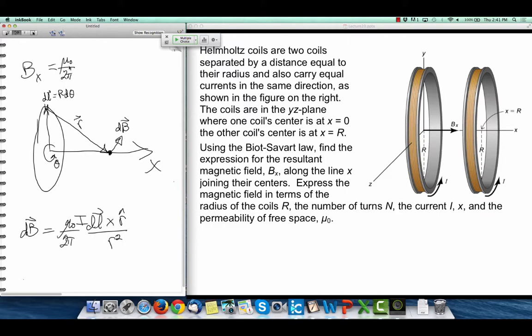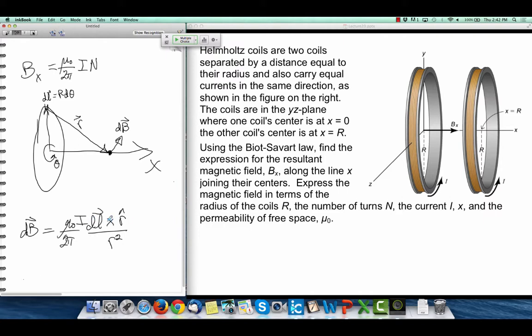There's the current. Now, I have n loops, so I want to integrate once around. And I'm going to have to multiply by n because every loop is going to contribute. So the total current around there is really n times I, because there's n loops and there's I in each loop.